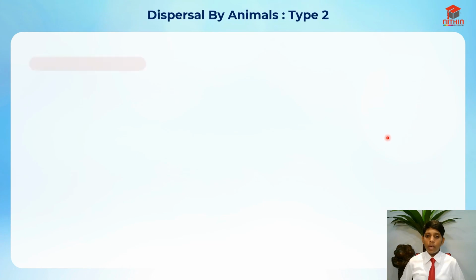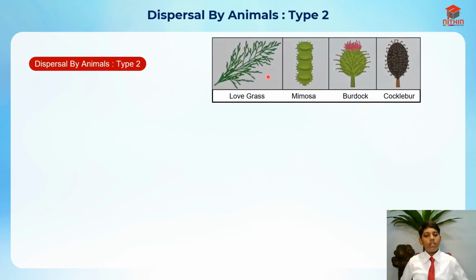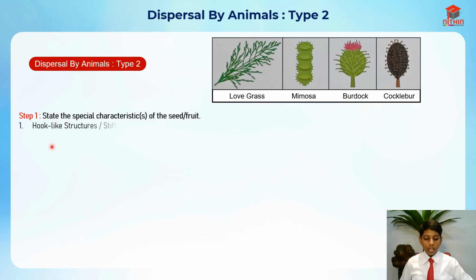So for dispersal by animals, we have type 2 basically, which is the hook-like structure. So we have love grass, the mimosa, burdock, and cockleburr. So all these have hook-like structures. So the special characteristics are hook-like structure or stiff hairs.